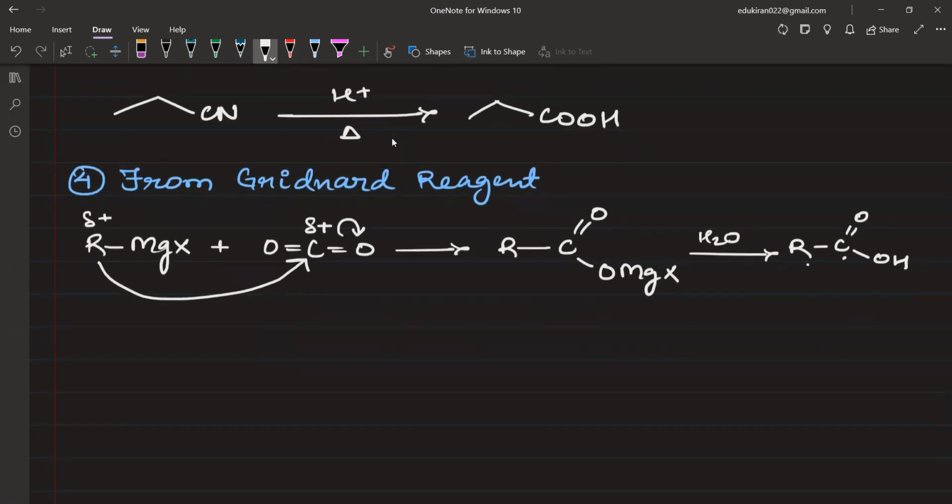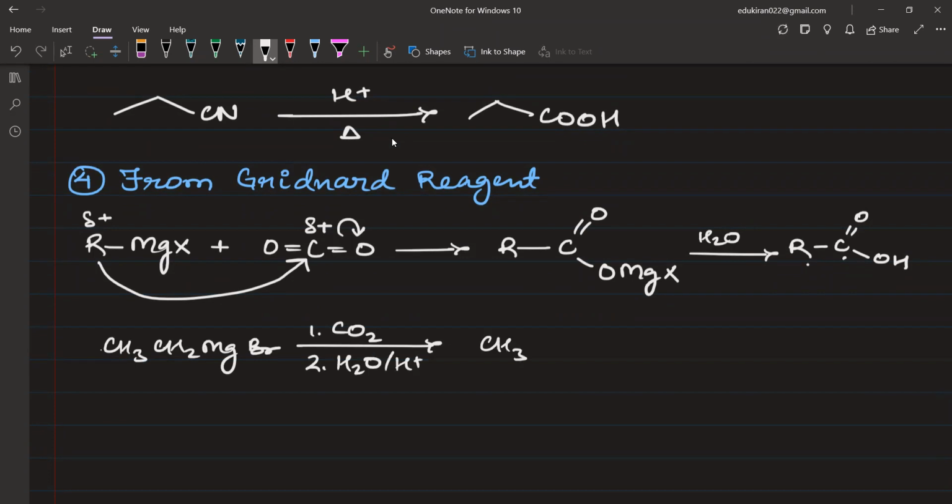If you are going to increase the number of carbon atoms by 1, then this is an important reaction. For example, if you have CH3CH2MgBr, in the first step you have carbon dioxide, in the second step you have H2O in the presence of H plus, then you are going to get 2 carbon atoms, CH3CH2, same thing, and then you just add COOH. That's it.